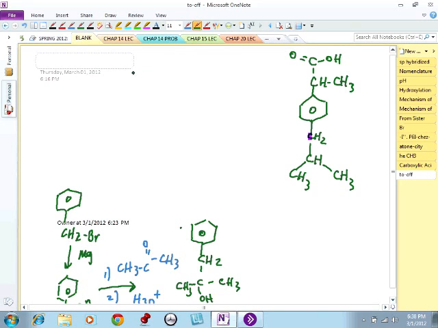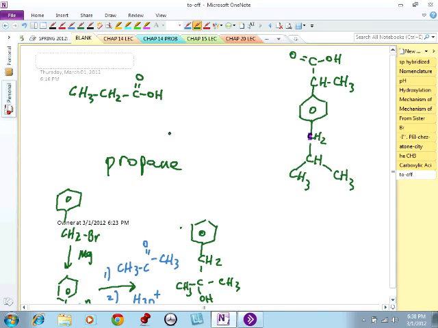Okay, for the nomenclature of carboxylic acid, if I have this, the corresponding alkane name for this molecule would be what? Corresponding alkane would be what? Propane. Very good.